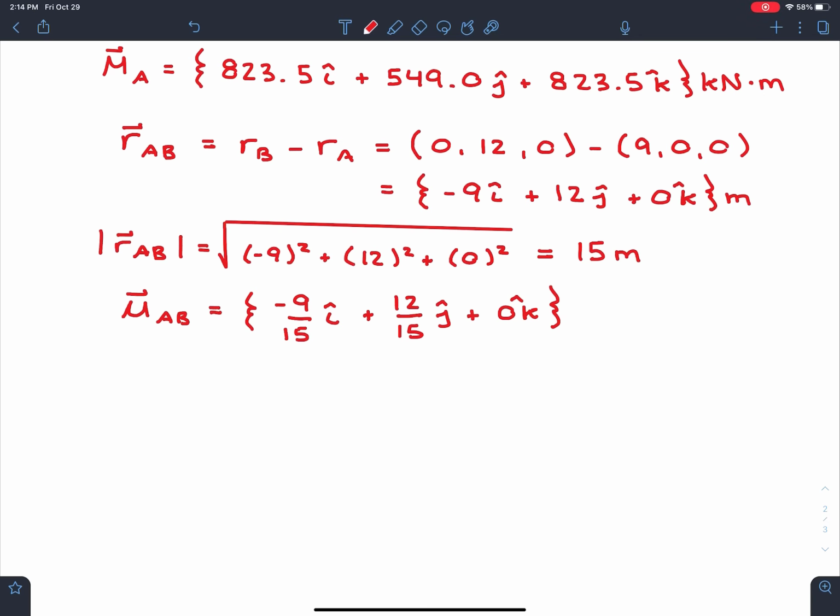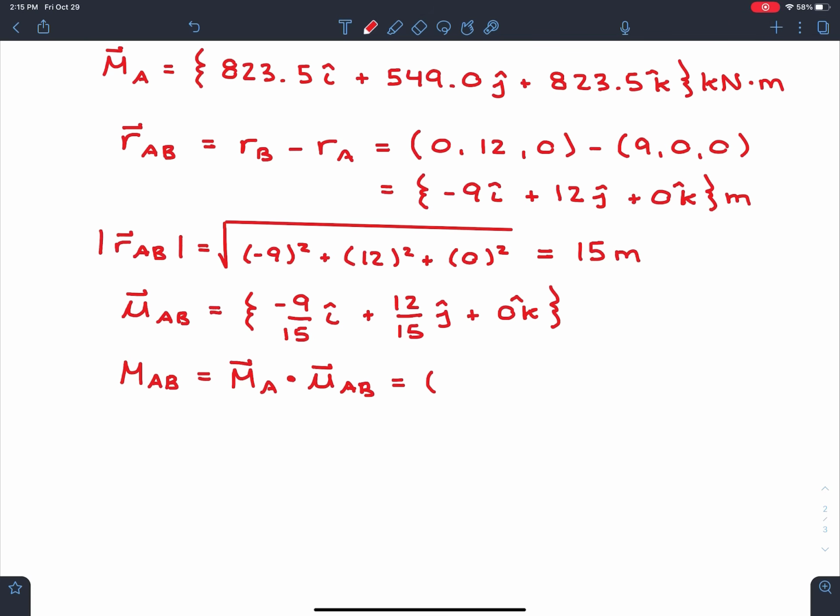All right, so our moment, M_AB, is just going to be the dot product of our moment vector, M_A, which we have, dotted with the unit vector, U_AB. So all we're going to do is take the components, multiply them together and add them.